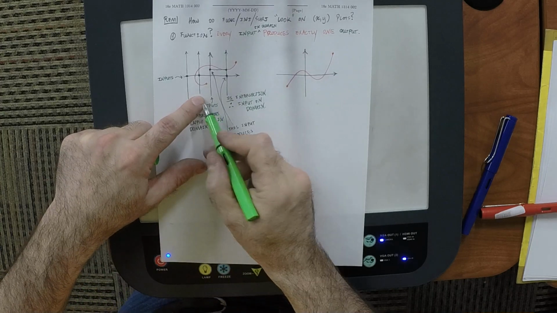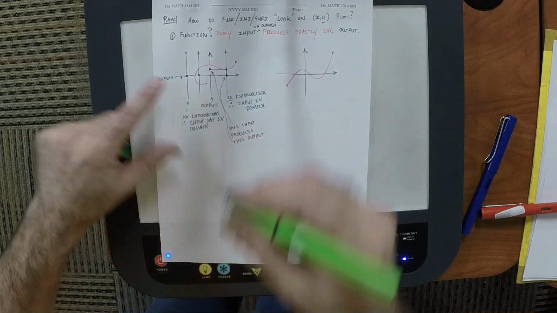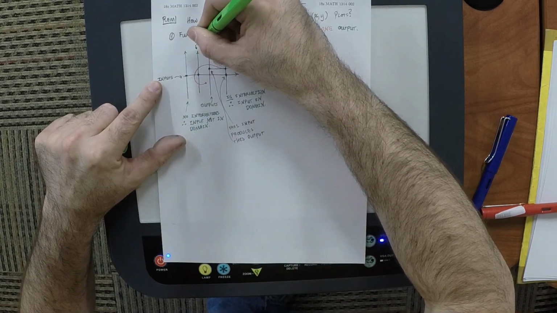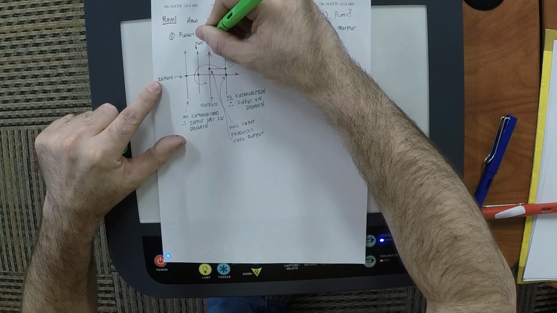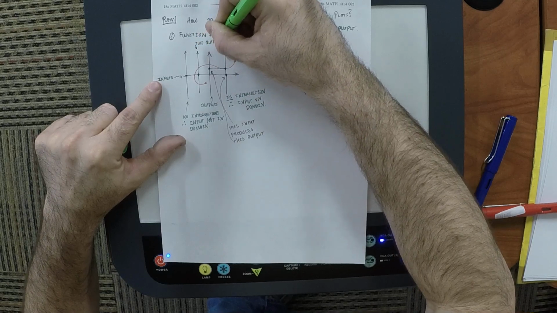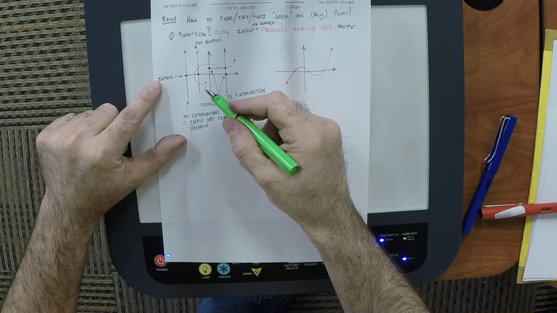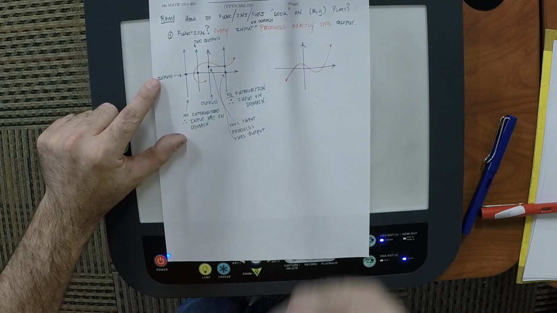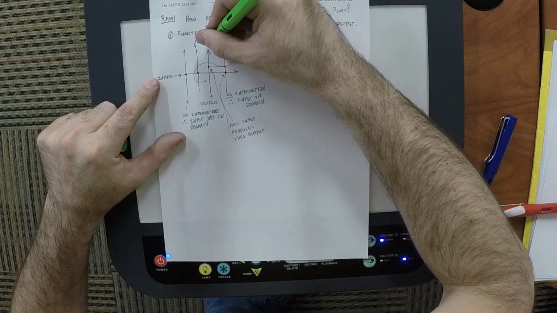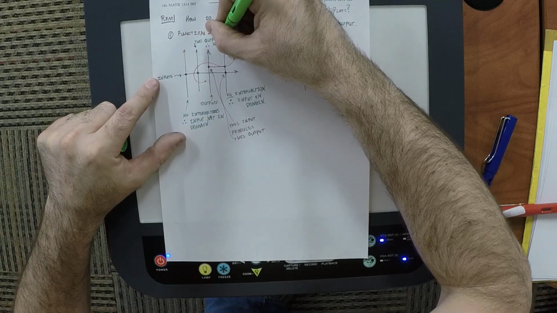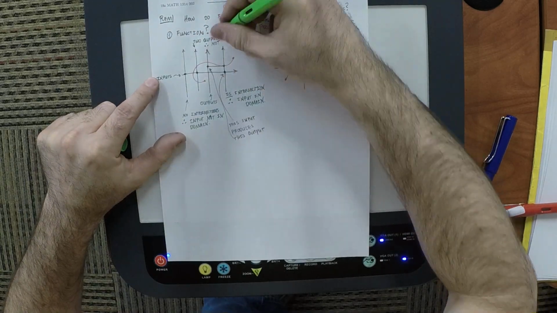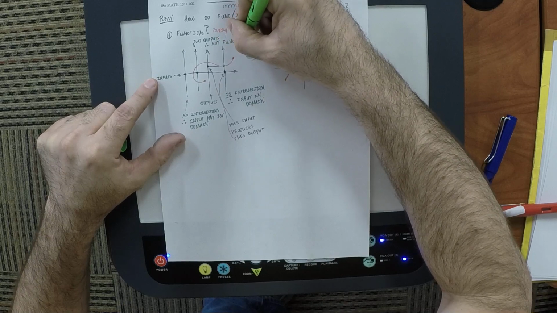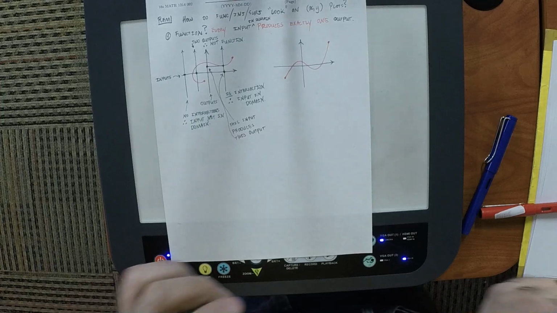How many outputs does this one produce? 2. So this produces 2 outputs. And therefore, for this specific example, the question of whether or not it's a function, the answer is no. Therefore, not a function.